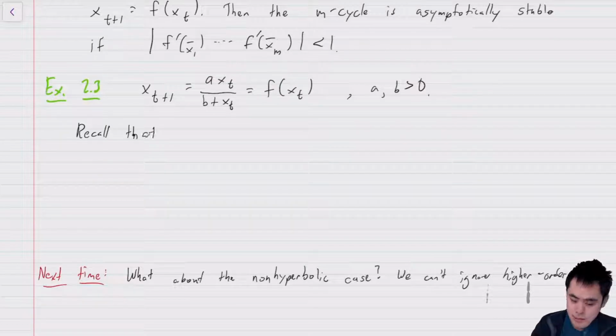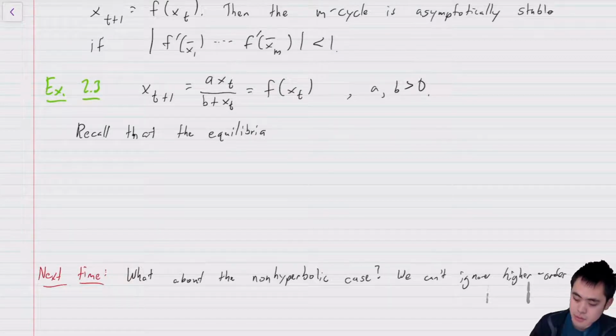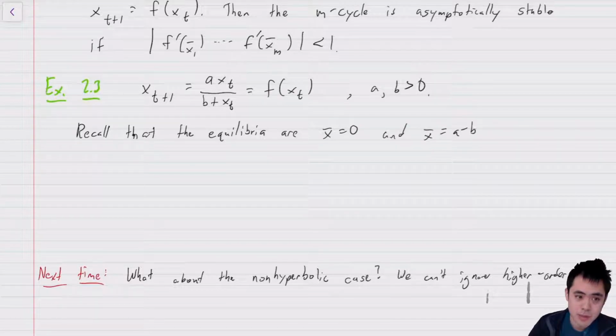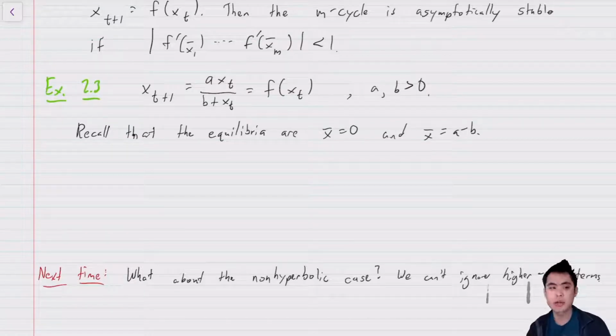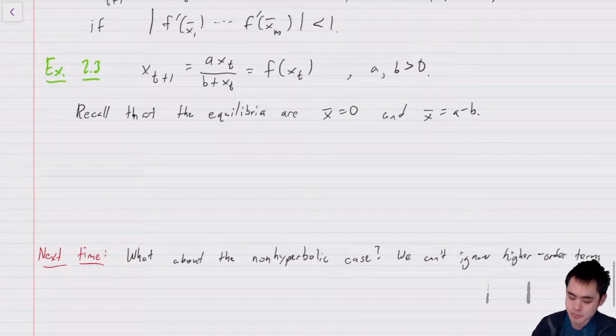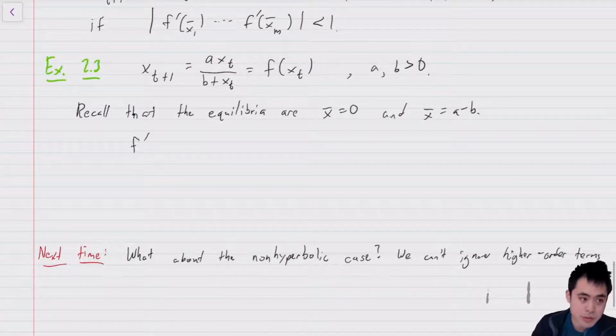recall that the equilibria are x bar equals 0 and x bar equals a minus b. Now we want to see if those equilibria are stable. So we take the first derivative of our function. So f prime of x is equal to, well, the bottom times the derivative of the top, so (b plus x) times a.